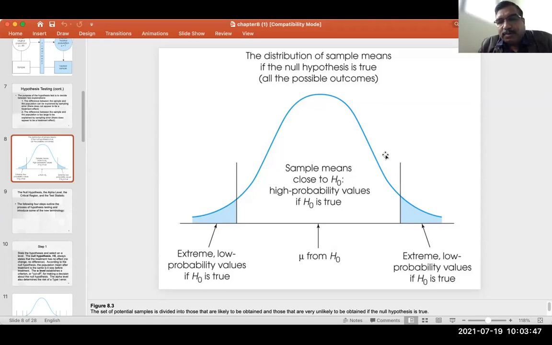Taking the example of the normal distribution, are you able to see this screen? Yes, doctor. Okay. So here this is a normal distribution, and the concept for hypothesis testing is that the sample mean falls around the population mean, right?